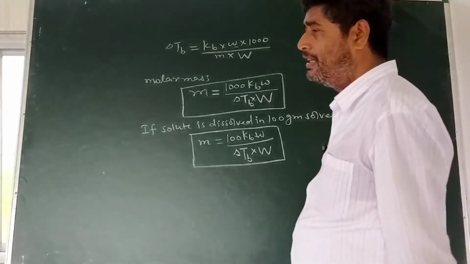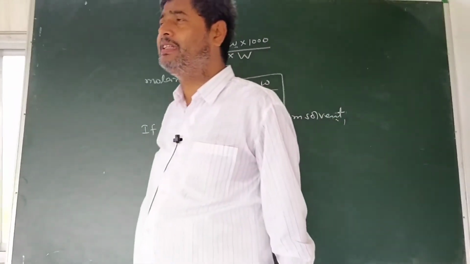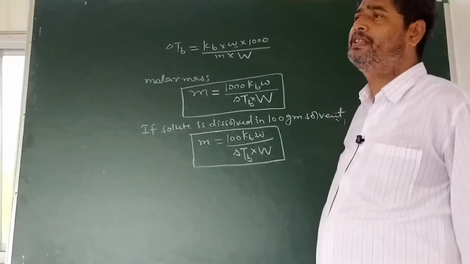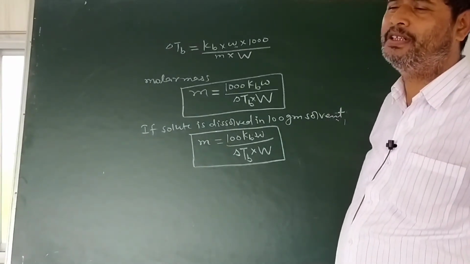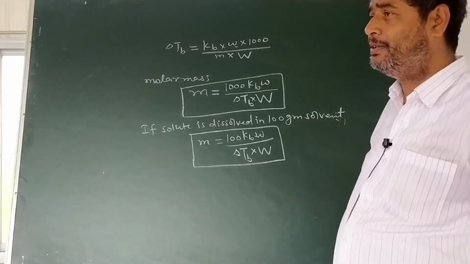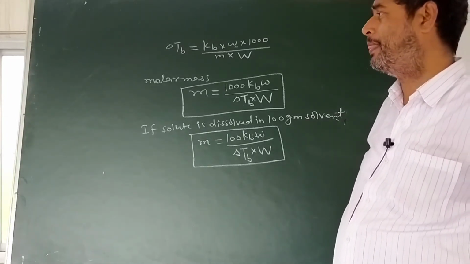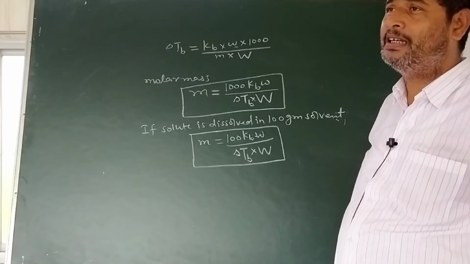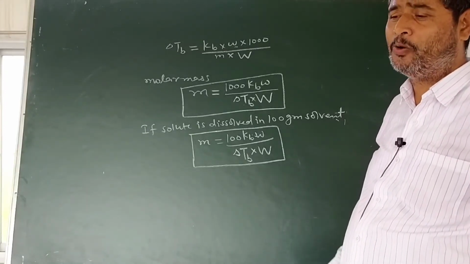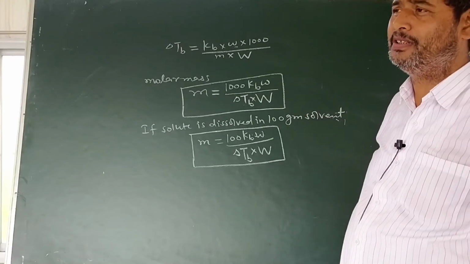So when a solute, that is an impurity, is added in the solvent from outside, the freezing point decreases. The difference in freezing point of the solution and the pure solvent is known as depression, that is lowering in freezing point.